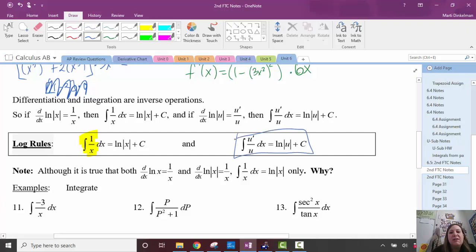The second thing to notice is perhaps a u substitution, although I try to avoid u substitution if I can. The way I notice what's happening is we have a function on the bottom and its derivative on the top.